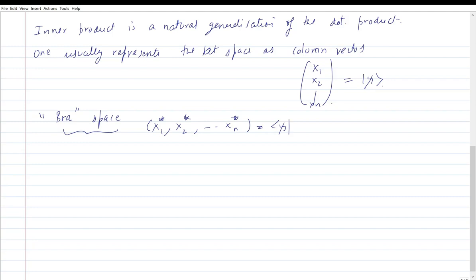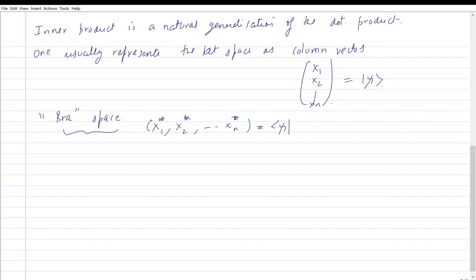See, ultimately, the whole point of physics is, whatever your abstract formalism is, ultimately you need to calculate real numbers and map them to a real line, whether it's temperature, pressure, position, velocity. So all said and done, we are trying to formulate a theory of probability, and we took the route of linear algebra just to reconcile with the fact that the state of the system, or let's say the state of the photon, can be in the upper mode or the lower mode of the beam splitter Mach-Zehnder setup.